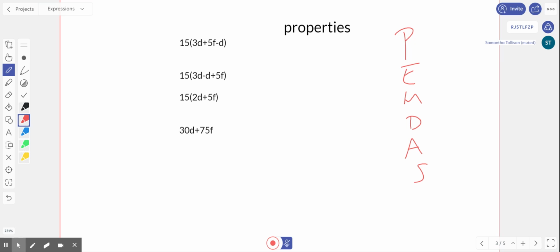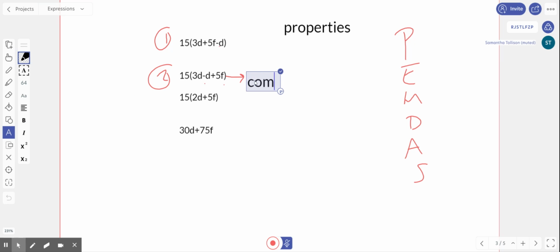If you notice in step number 2, the only thing that changed is the placement of my negative d and my 5f. And what allowed us to do this is actually a property called the commutative property. So the commutative property allows you to commute or move your variables around, keeping the same values.